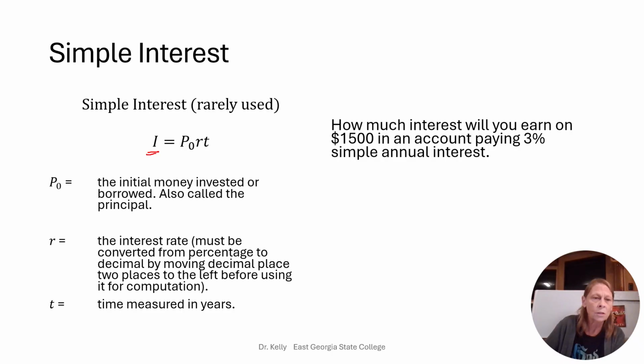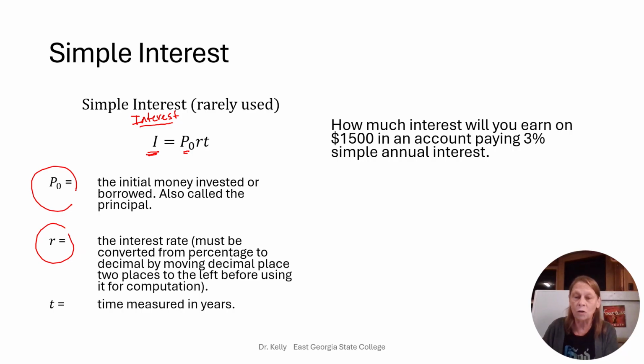So first, this I is the interest. Okay, then P naught here is the initial money invested or borrowed. It's often called the principal.